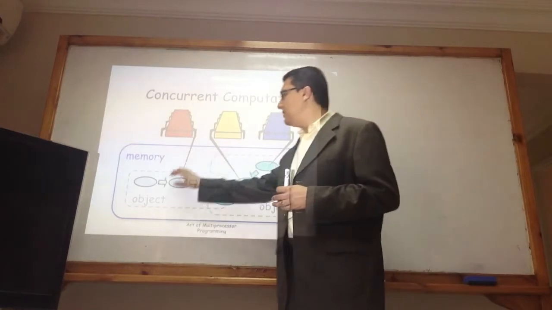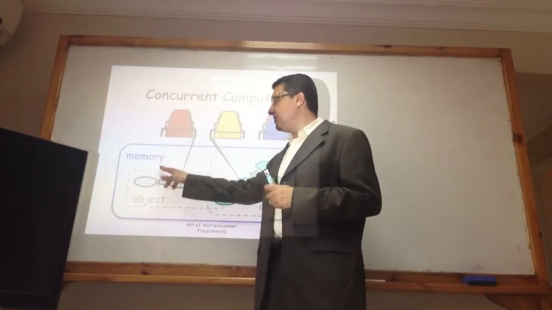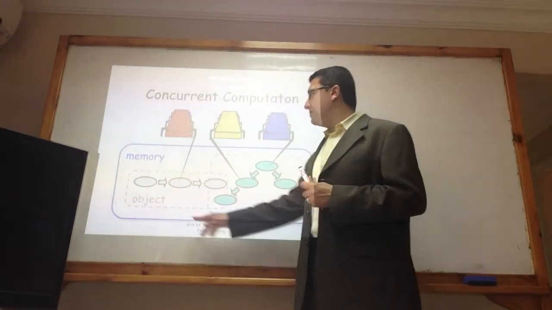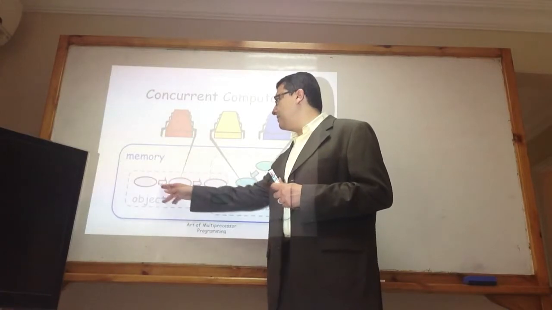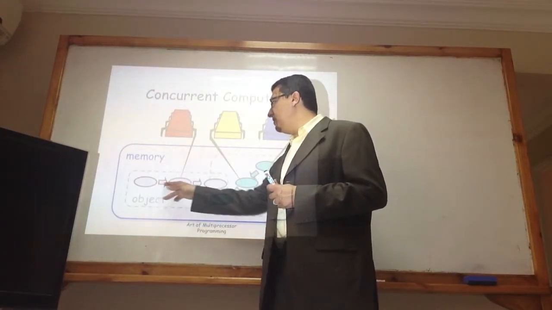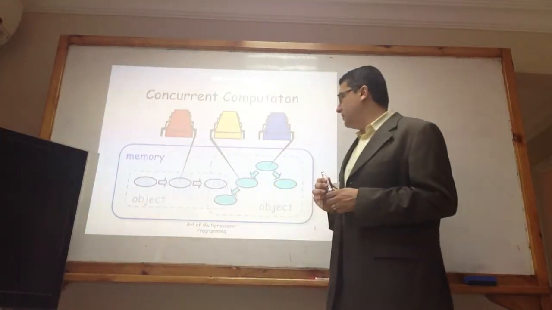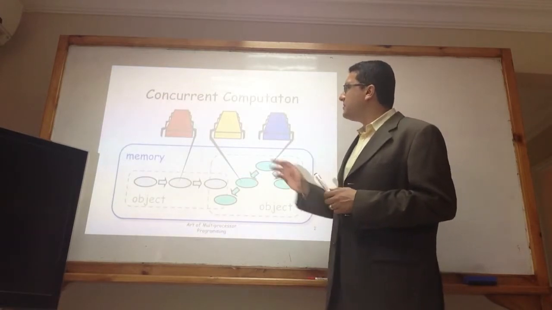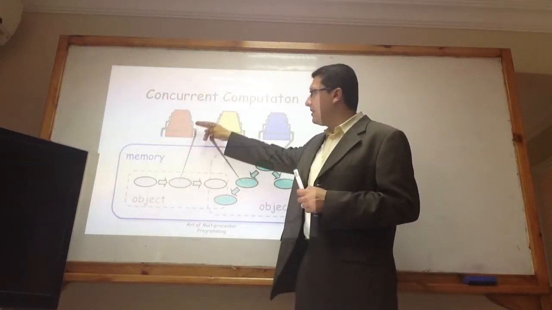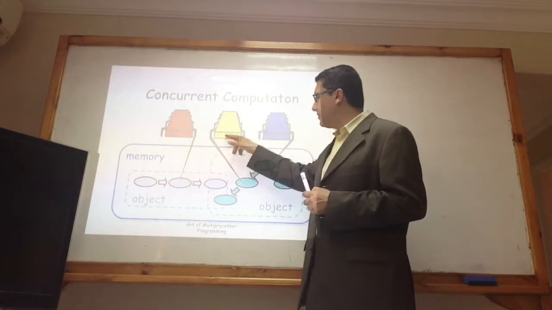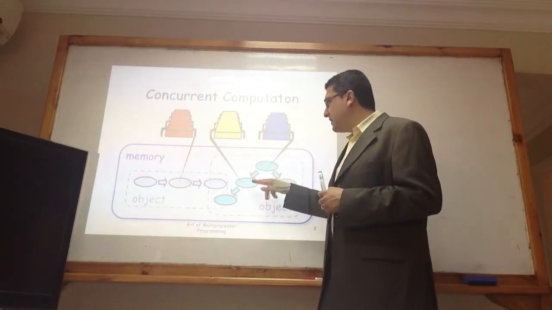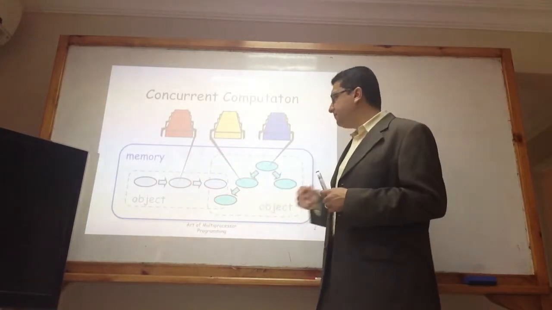You have a memory, and then you have objects inside the memory. And these objects may be communicating or associated with other objects. And you have many processing units, and every processing unit can operate concurrently on maybe the same object or different objects.